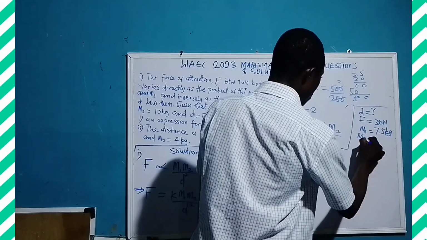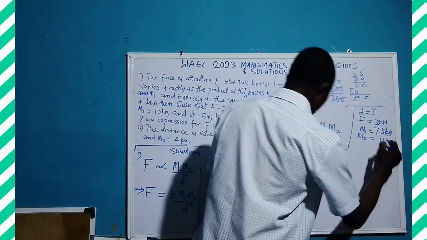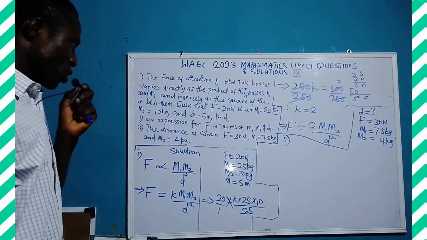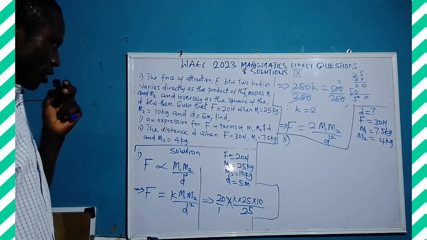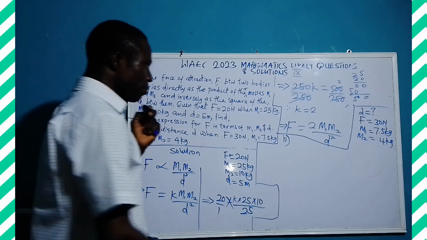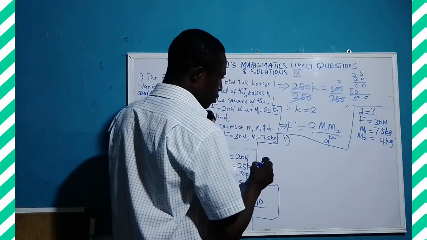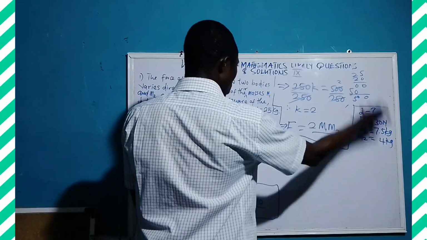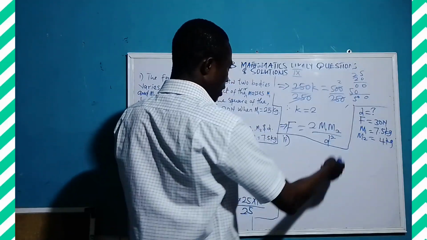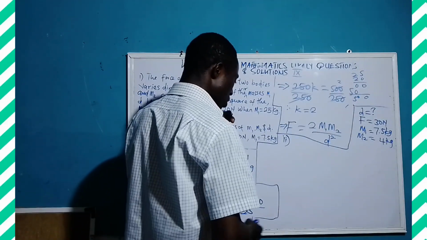Then we are given M2 to be equal to 4 kilogram. And we have to find the value of distance D. Using this same formula, you can get the value. This is a ready-made formula, so you can get the value by inserting all these given values into it. Then you make D the subject of formula, and straight away you get your answer.